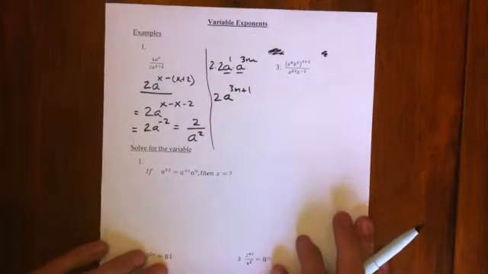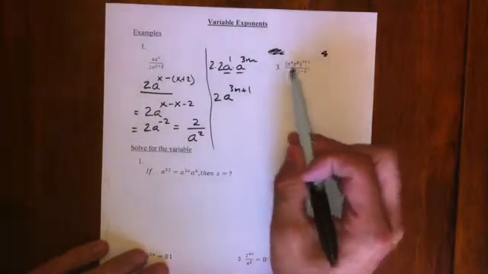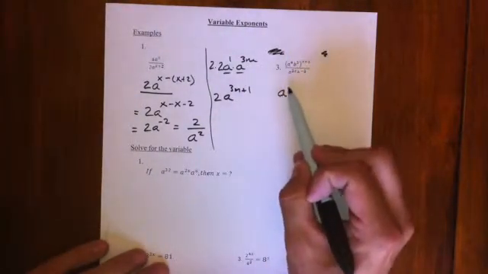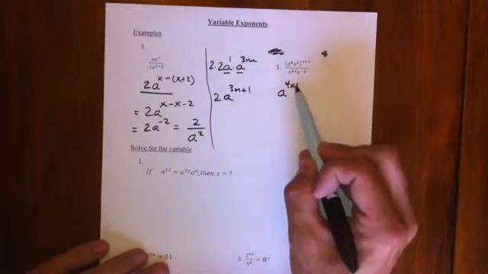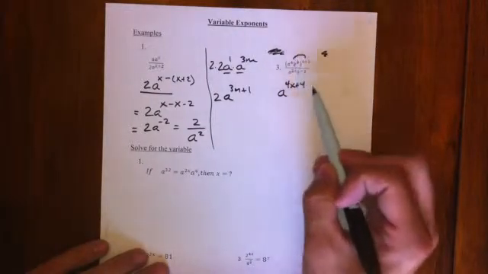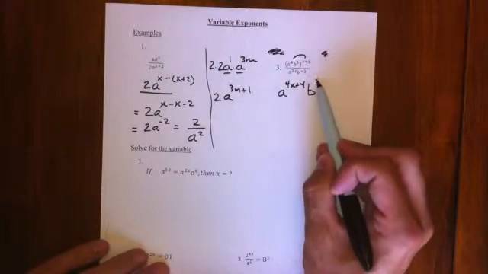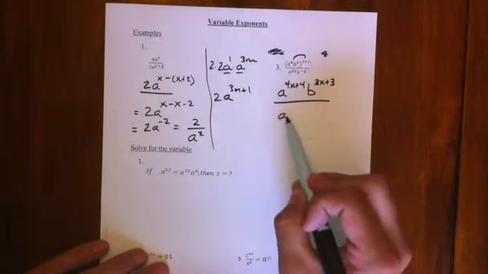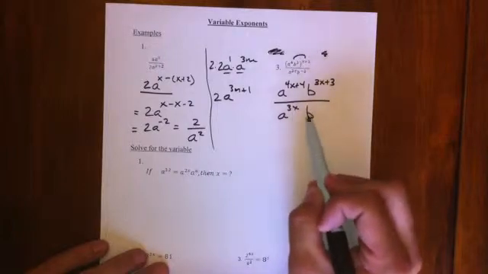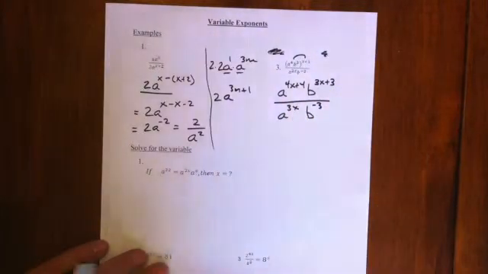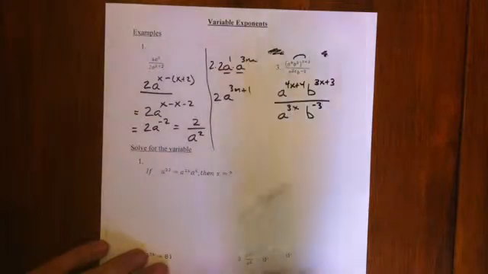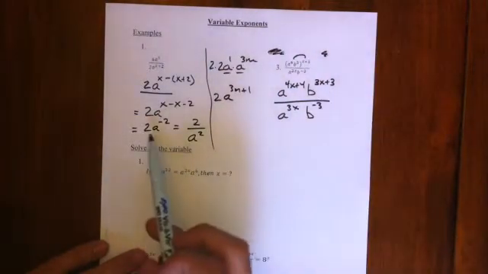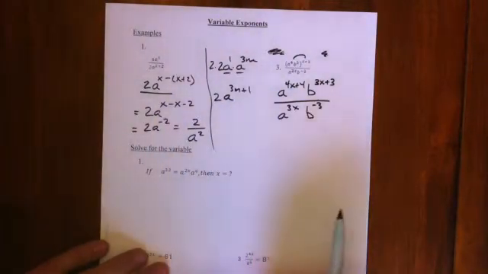All right, so let's look at this one. It looks like I can do a little distributing up on top, so it becomes a to the 4x plus 4. So I can distribute that in: b to the 3x plus 3 over a to the 3x b to the negative 3. Next, just like we did over here, I'm going to subtract my exponents.